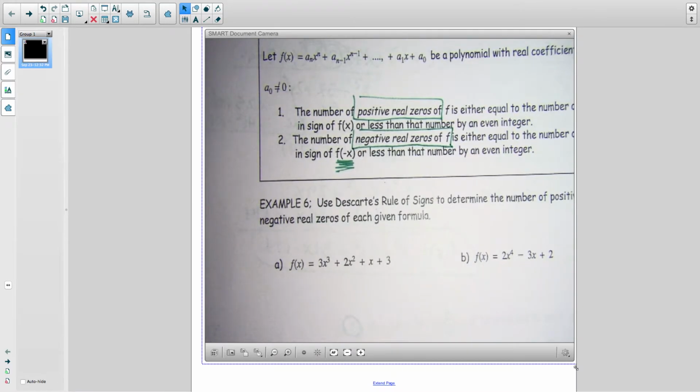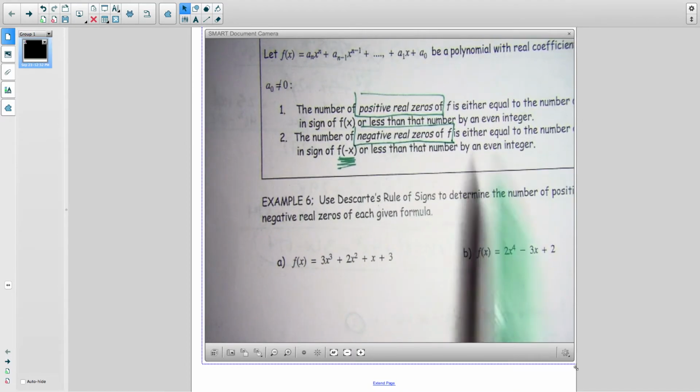So first of all, we need to look at the sign changes. The negative zeros are how many sign changes we have for f of negative x.